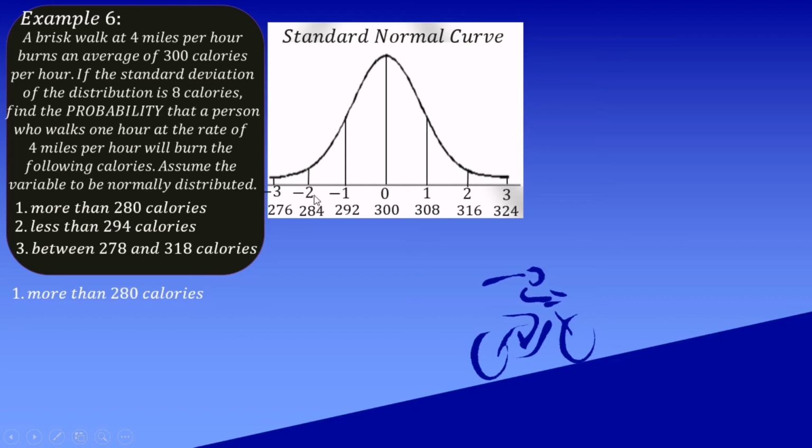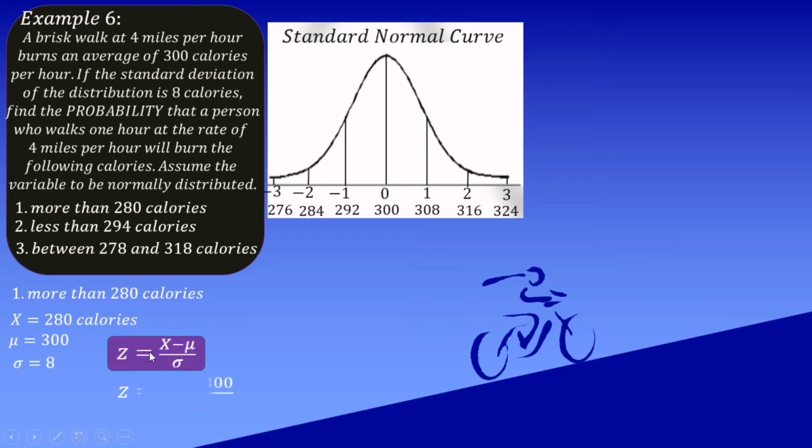So the word more than, so looking for the x value, wala tayong 280 calories for this x value. So gamitin natin yung formula for the z-score. So given is 280 calories, the mu or the average is 300, and the standard deviation is 8 calories. So gamit natin yung computing formula for z.